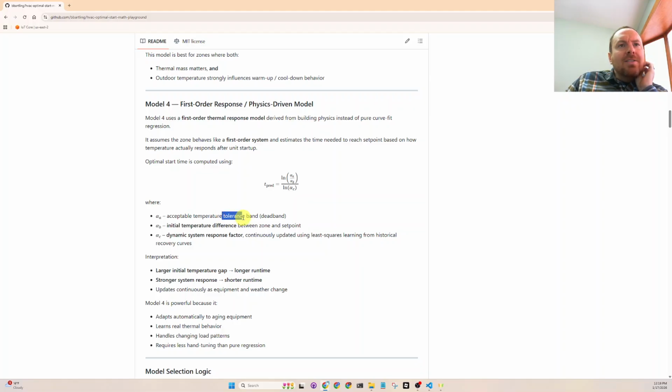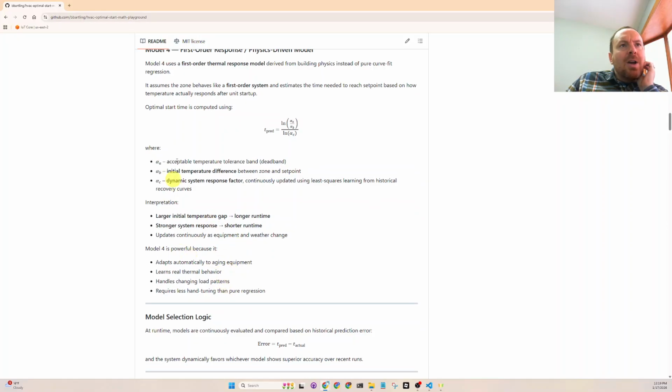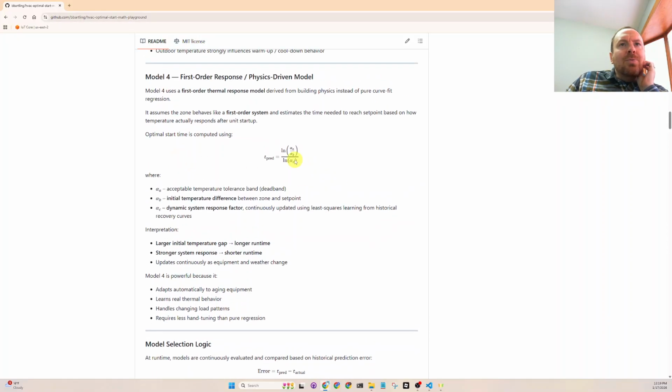I actually use that word as a parameter in my optimal start as well. Alpha B is the initial temperature difference between the zone and set point, and alpha C is the dynamic system response. This is an iterative model, so it's a little more than just running this couple of logarithmic math right here. I think we'll get into that.